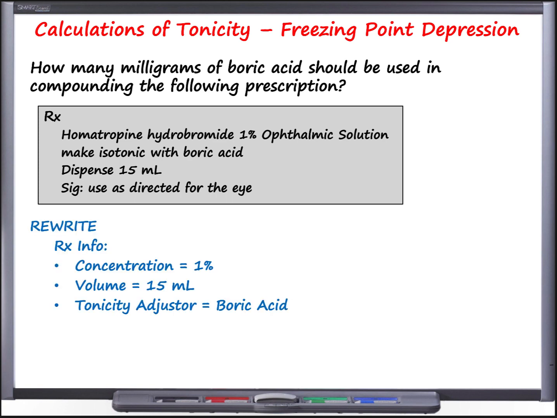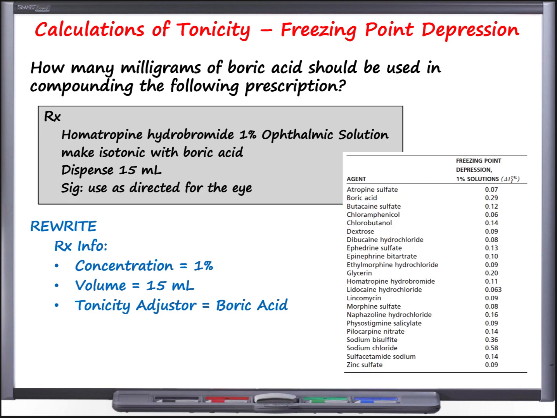To summarize, we want 15 milliliters of fluid that has a 1% concentration of homatropine and that is also isotonic. To adjust the tonicity, we are going to use boric acid. Now, to use the freezing point depression method, the next step is to look up the freezing point depression caused by our specific ingredients, homatropine and boric acid.